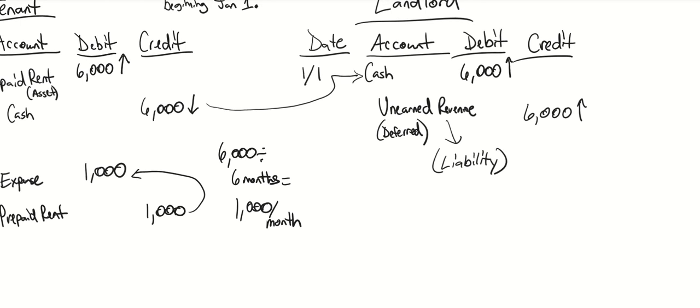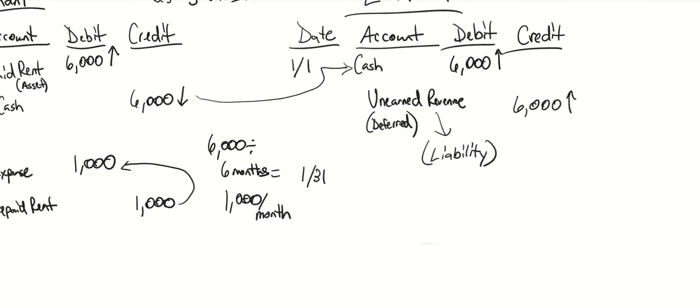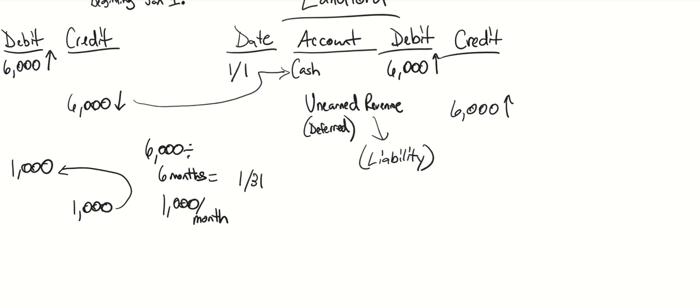Now what does it look like on the landlord side? So the landlord, same January 31st. The landlord is going to take this unearned revenue account and debit this account for $1,000, the same as this amount.